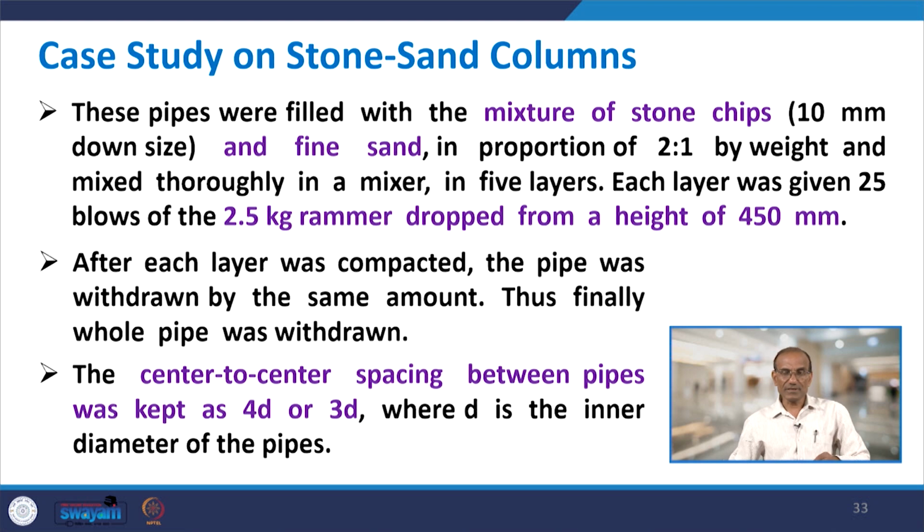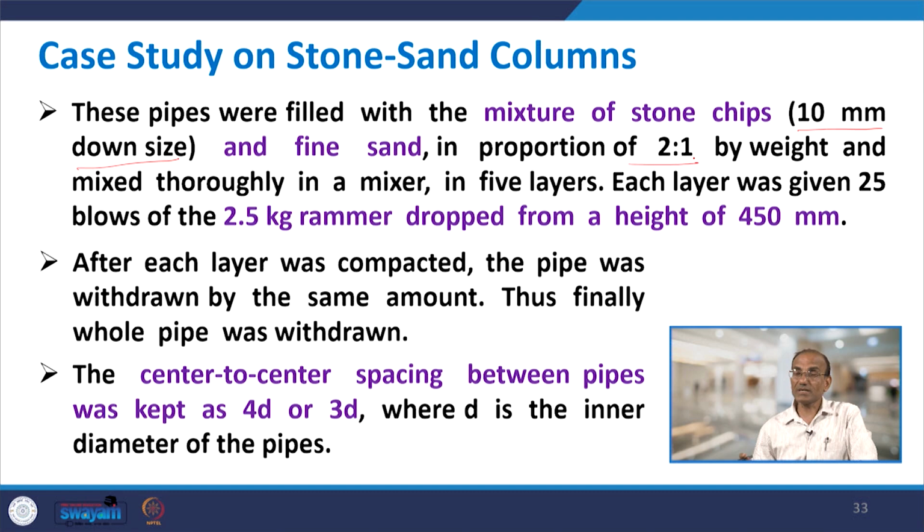So, a number of pipes are installed inside the shake table tank. First you put your soil, the fly ash, and then you install these pipes. These pipes were filled with a mixture of stone chips, 10 mm down size, that means the size of the gravel is less than 10 mm, and fine sand, in proportion of 2 to 1.